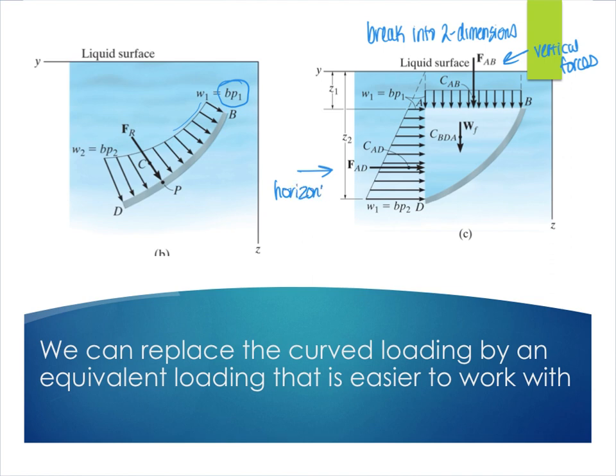The idea is that our total force is the vector sum of these component forces. It's like breaking forces into x and y components, and then you can find the magnitude and the direction once you have those x and y components.